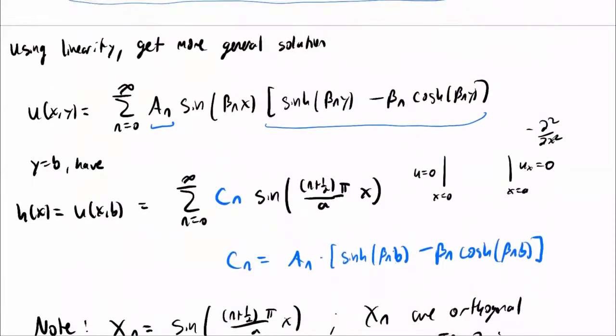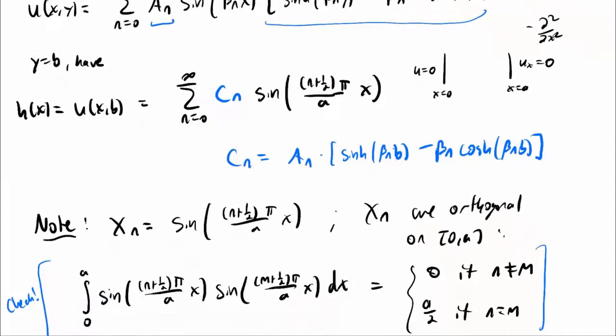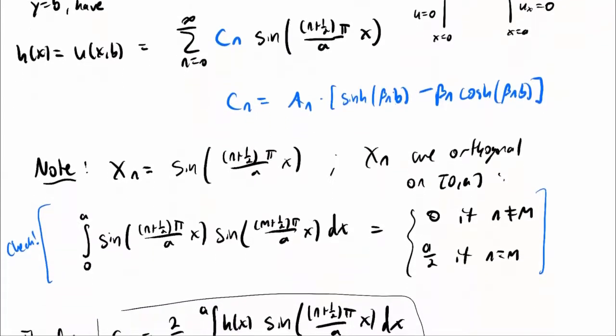We want a final formula in terms of h. In particular, we want to calculate An. What we just did is calculate Cn using the theory of Fourier series, but I know how to write Cn in terms of An. I just have to divide by this hyperbolic trig function.